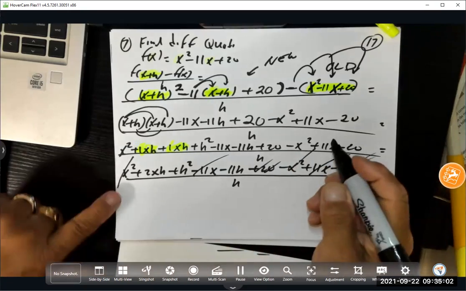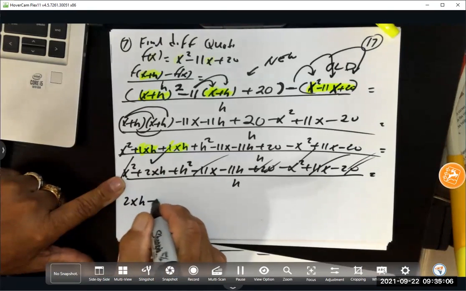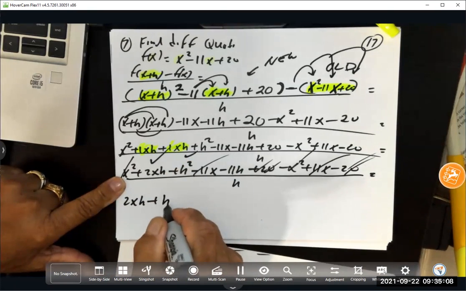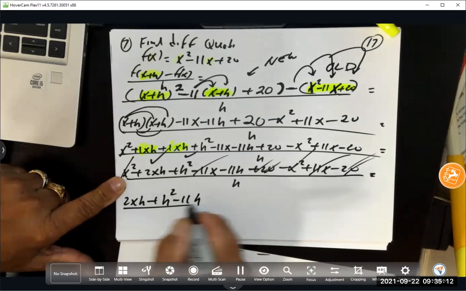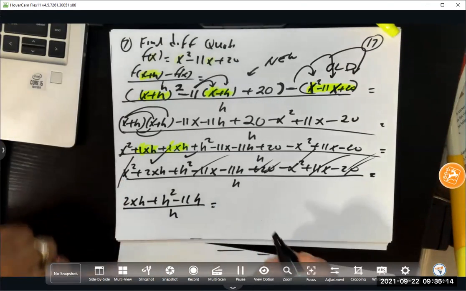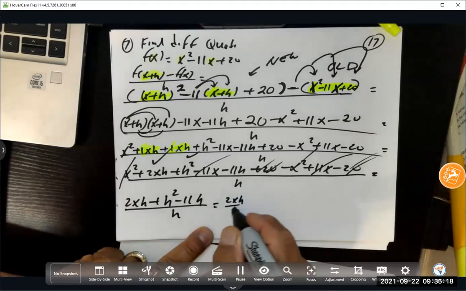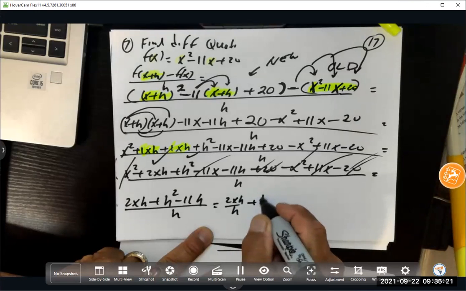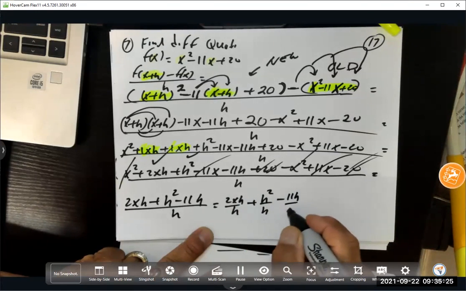So the leftovers are 2xh plus h squared minus 11h over h. And I told you that you can break it into three fractions. You can have 2xh over h plus h squared over h minus 11h over h.